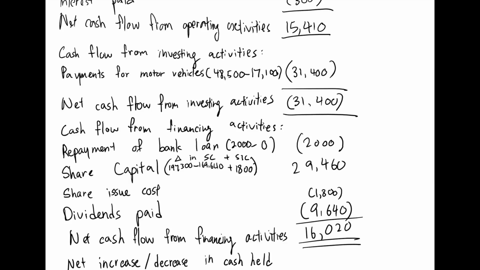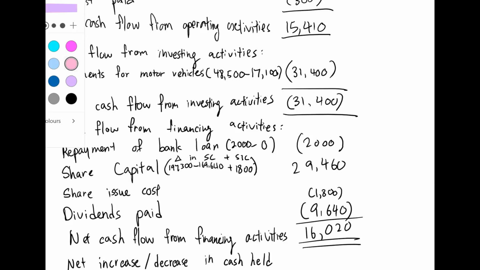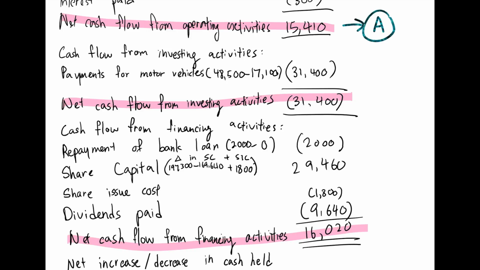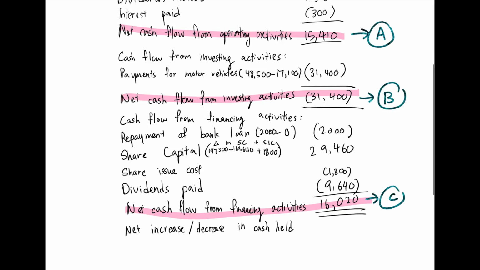You are going to add up all the subtotals for each activity: your net cash flow from operating activities, investing activities, and financing activities. So you are going to take 15410, 31400, and 16020.